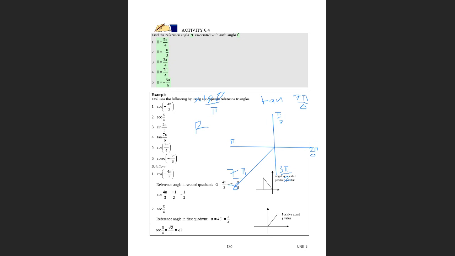The reference angle we know is 7 pi over 6 minus pi, which will give you pi over 6.